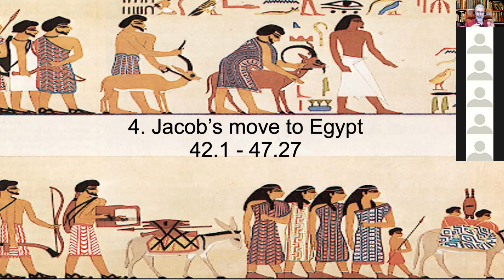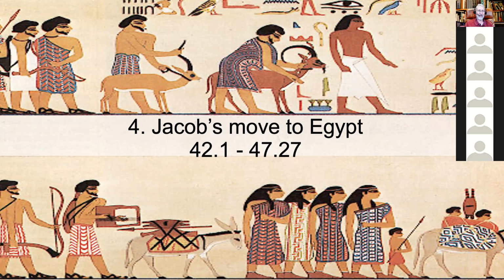The boys eventually are forced to go back. The second trip is described in chapter 43. Here, Joseph demands that Benjamin come down, and the boys don't want to do that. Reuben finally behaves very well. Even Judah is frightened of this and behaves very well.